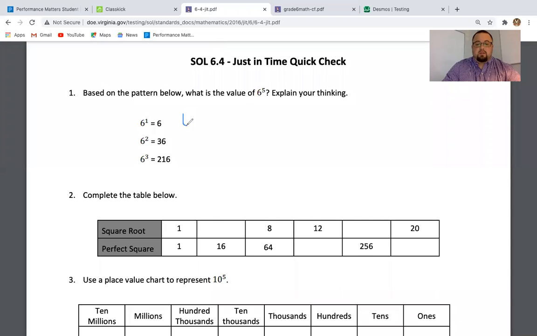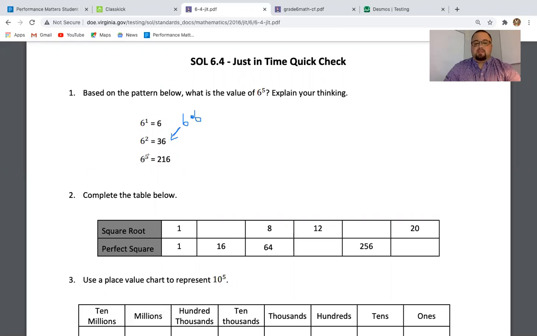So for number 2 here, it will be 6 times 6, and of course we will get 36. That could go for any number: 7 squared, 8 squared, 9 squared. Whatever it is, you're going to multiply that number twice because it represents that perfect square.